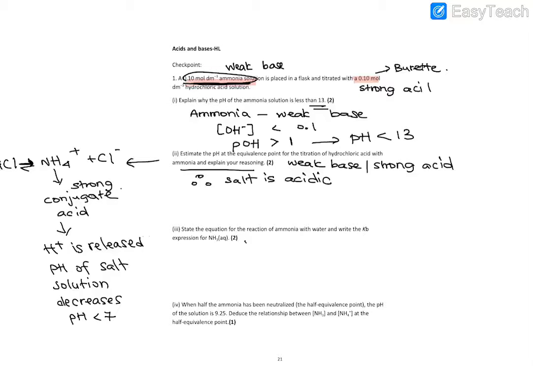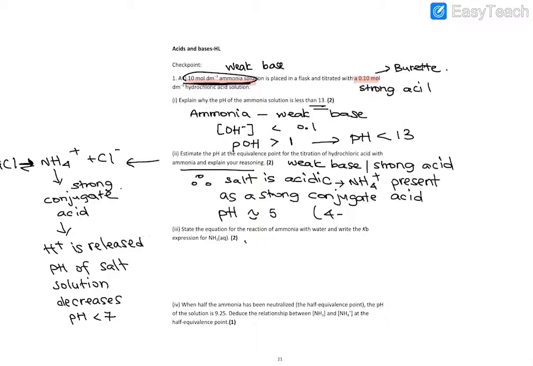So here you can say the salt is acidic because you have NH4 plus present, and NH4 plus is a strong conjugate acid. Therefore the pH here is going to be any value from 4 to 5. So you could say pH is equal to 5, or any range from 4 to 6.